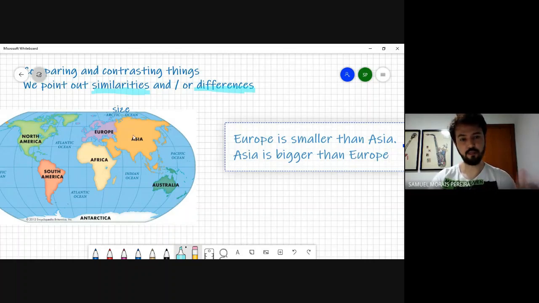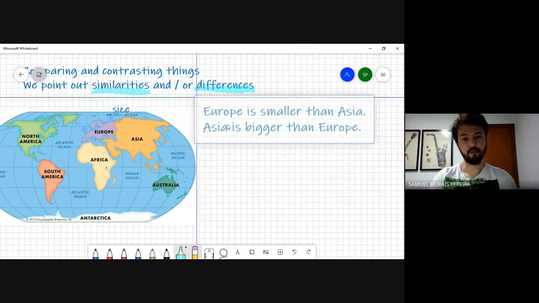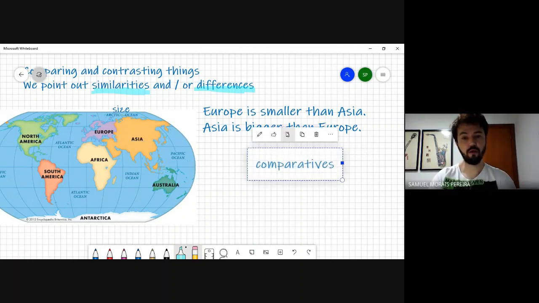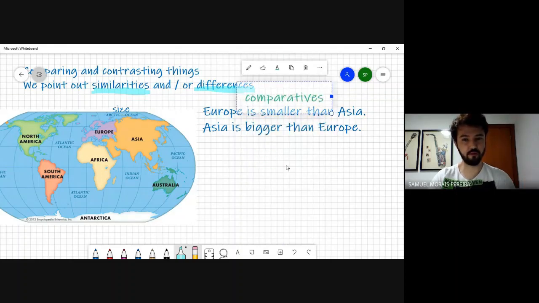Just by taking a look at the picture, you can see that, right? Very simple. These structures here are called comparatives, okay? Comparatives, because we are comparing one continent to another, right? You all know that. This is just a review, okay?